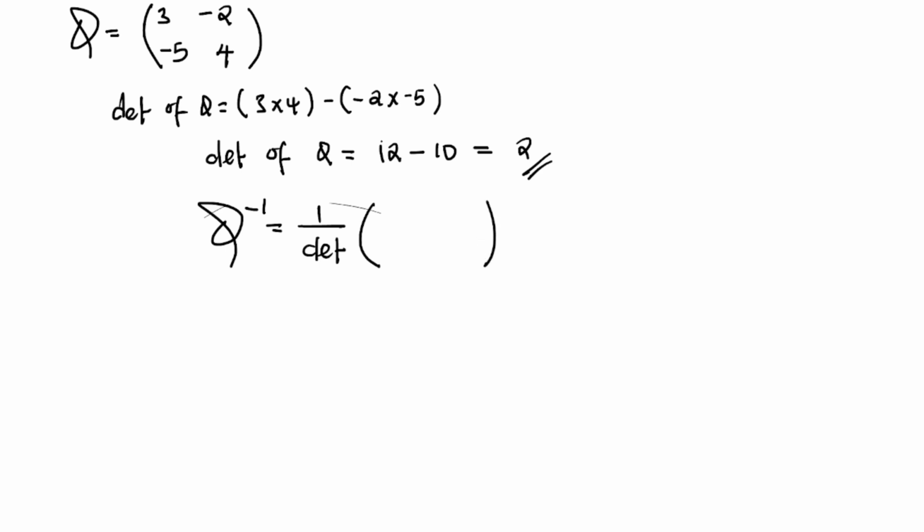So, the element in the major diagonal, meaning the 3 and the 4, they're going to interchange. We're going to have a 4 there, and we're going to have a 3 there. Okay? They have interchanged. But what happens to elements in the minor diagonal, which is negative 5 and negative 2?